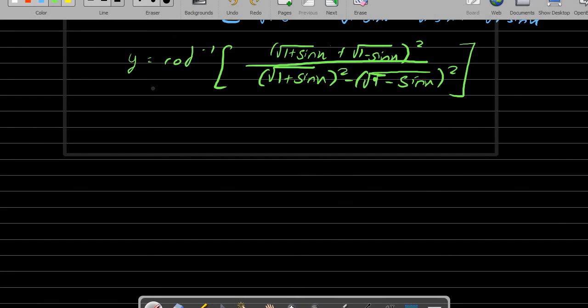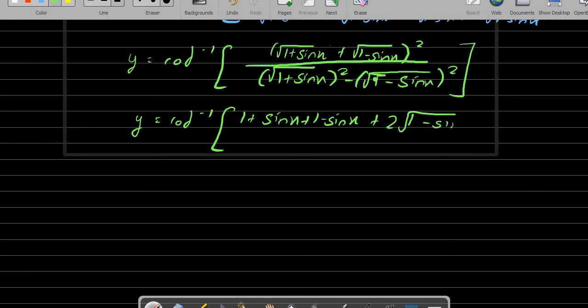Now we'll open using the formula of a plus b whole square. It's very easy. y is equal to cot inverse. This would be, I'll write directly a square plus b square. The root would get cancelled. It would be 1 plus sin x plus 1 minus sin x plus 2 under root, inside the root would come 1 square minus sin square x, because that root won't get cancelled.